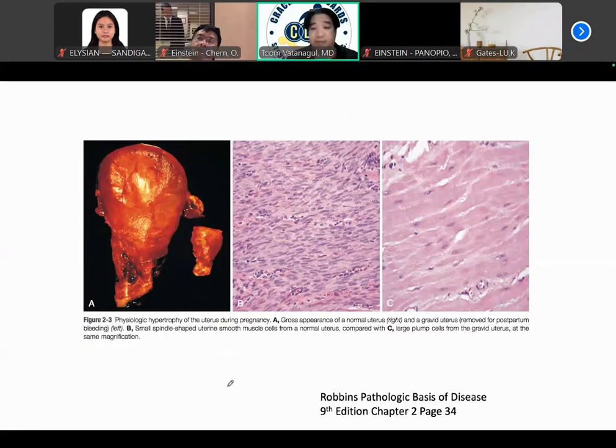So please take note of this. Physiologic hypertrophy of the uterus, that's physiologic.